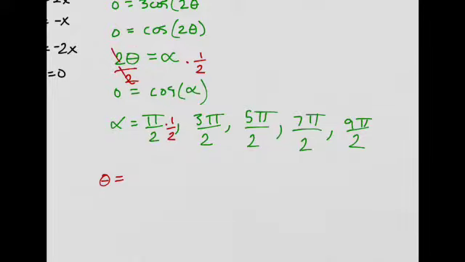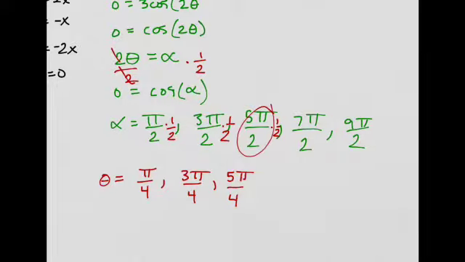I want theta. So that's what I'm going to do. And there you have it. Before, 5 pi over 2 was larger than 2 pi, but 5 pi over 4 is not. 8 pi over 4 is 2 pi. So as long as we're good there, then theta won't be going over.